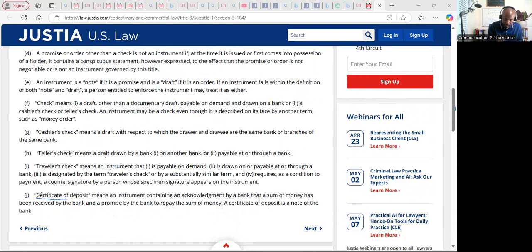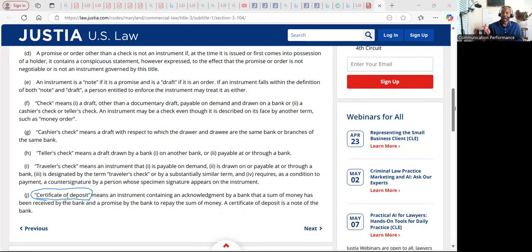So here we have certificate of deposit. Now let's look at this definition. This definition is more concise, right? Because the bank is not admitting that they're getting a sum of money or funds, so they don't need to confuse the definition or put confusing language in the definition.